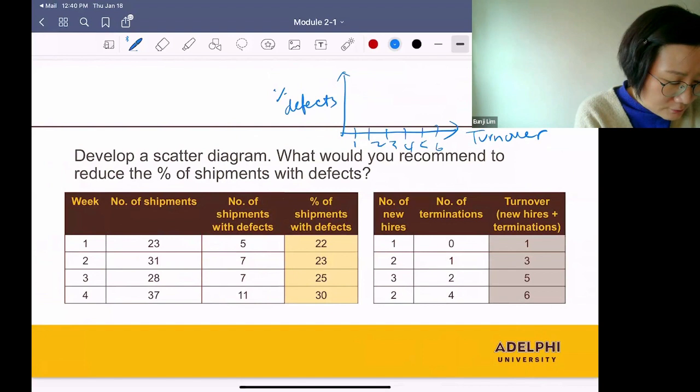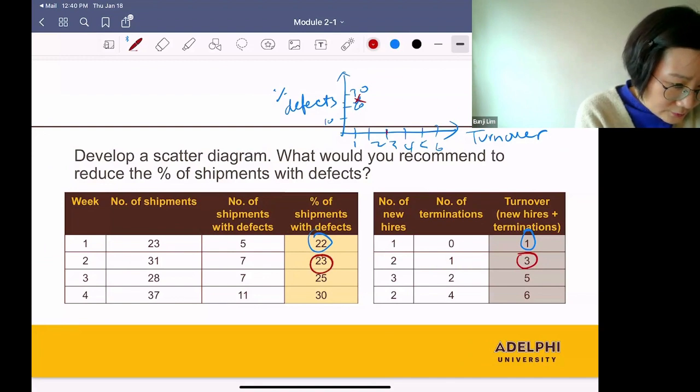So it's 20%, 10%, 20%, 30%, etc. So when the turnover is 1, the percentage was 22, 1 and 22. And turnover 3, percentage 23, 3 and 23. Turnover 5, percentage is 25. And the turnover 6 and percentage is 30.